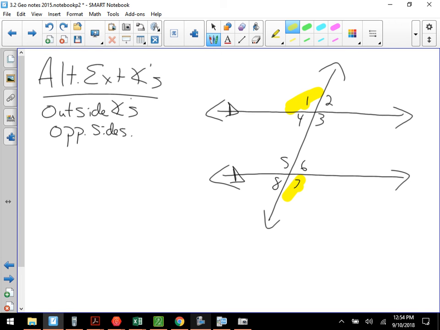When I say opposite side, it means opposite side of that transversal, and then on the outside. So in our numbered one, because not all of them are numbered, 1 and 7. What's the other set that'll be exterior? Yeah, 2 and 8. So you get the idea where you get opposite angles on the outside. If the lines are parallel, corresponding angles are congruent, and alternate exterior angles are congruent as well.